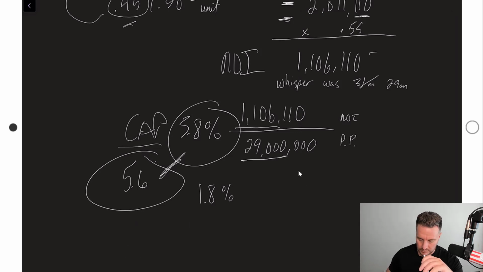Okay, so let's do another one real quick. So let's just say, just so it's simple, let's just make up some stuff so I can show you how quick this can actually be done.